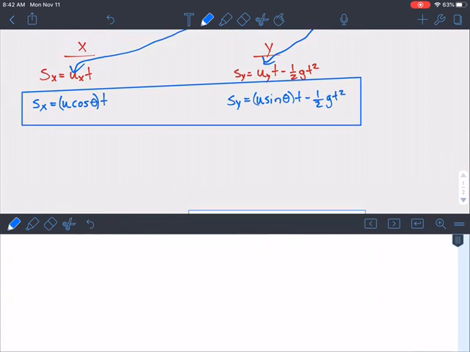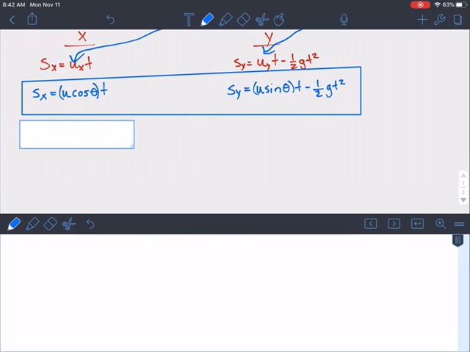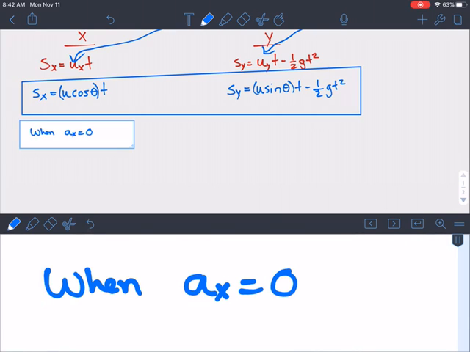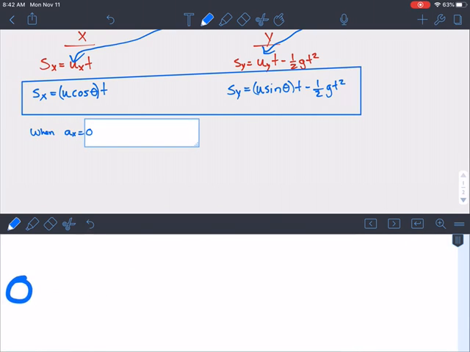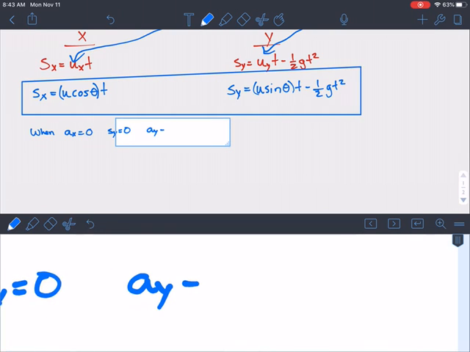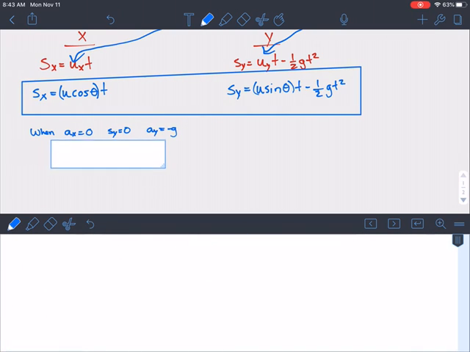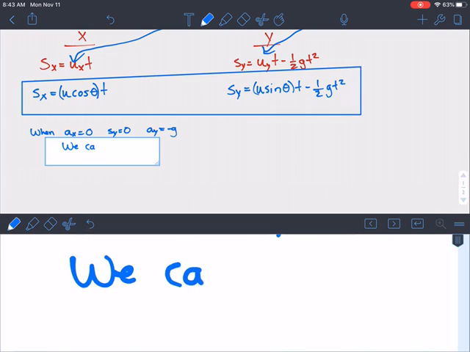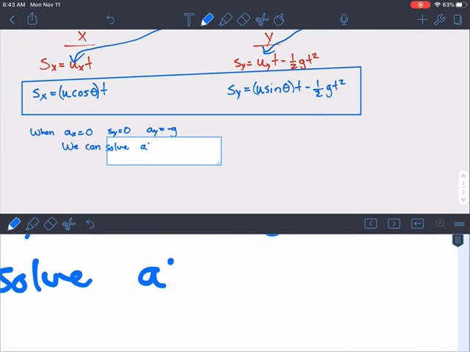In fact, when these things are true, so when ax, so acceleration in the x direction, is 0, so we're ignoring air resistance, so that's going to be true, when displacement in the y direction is 0, and when ay is equal to negative g, right, we can solve all projectile motion problems.